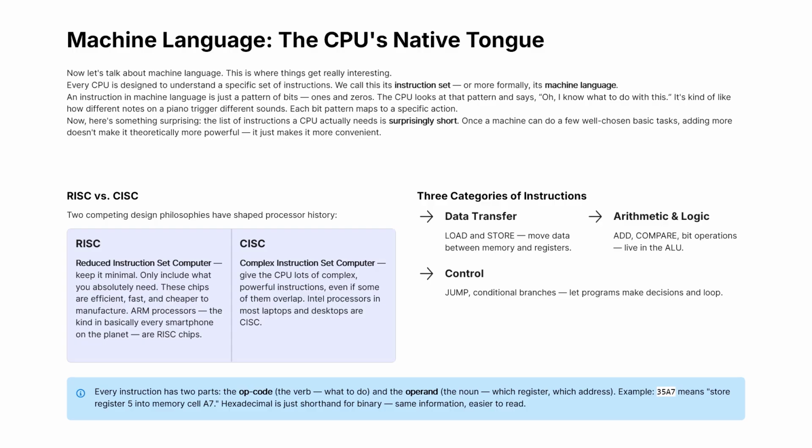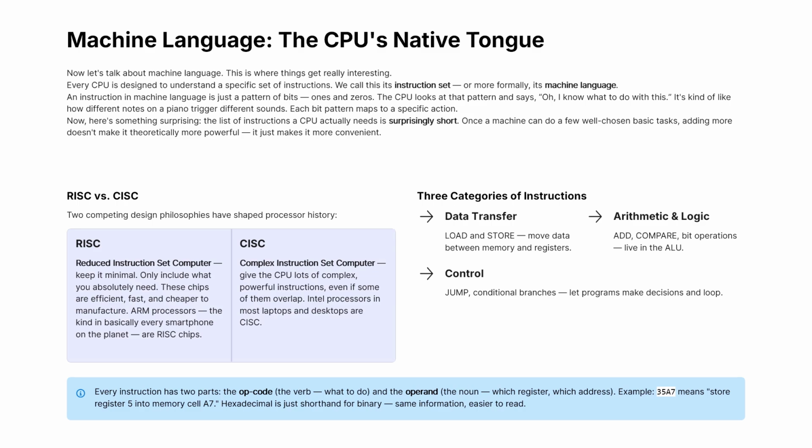Now, here's something surprising. The list of instructions a CPU actually needs is surprisingly short. Once a machine can do a few well-chosen basic tasks, adding more doesn't make it theoretically more powerful. It just makes it more convenient. This has led to two different design philosophies.